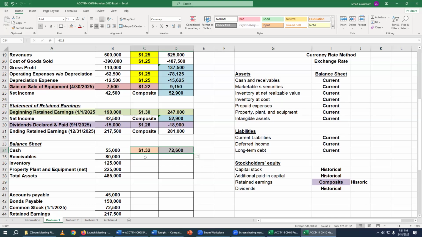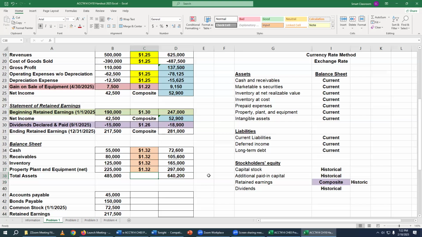Oh wait, can't do that. No, I can do that. This one actually is not at a composite rate.